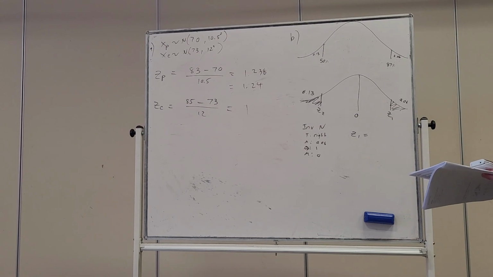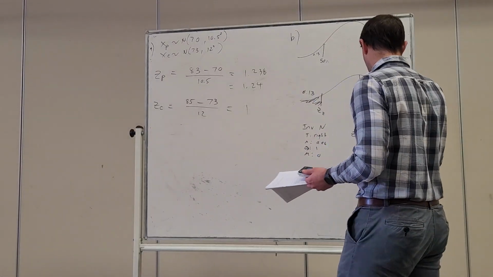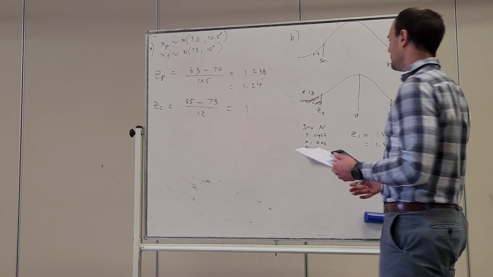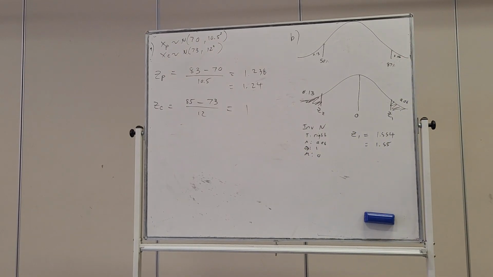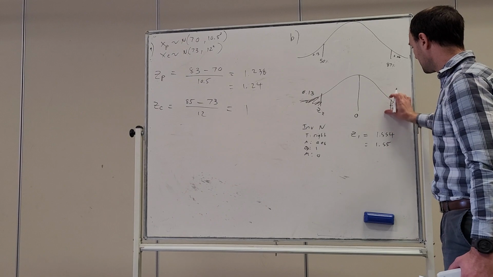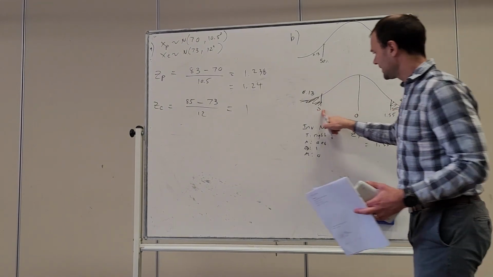Stat, distribution, normal, inverse normal, tail right, 0.06. 1.554. Okay, so this z-score is 1.55 standard deviations above the mean. So I'm going to change it from z1 to 1.55, and we'll go for z2 next.